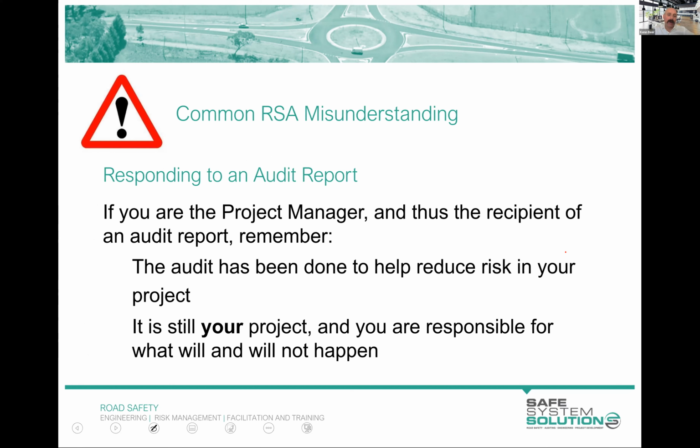Okay, admittedly, you are going to be receiving advice from somebody with specific training and qualifications and experience in looking at safety issues. So if you're not going to act on things, you want to really be confident in your justification of reasons not to act, but that is fine. You can disagree with audit findings. You can say, thank you for that, I agree with your finding, I disagree with the way that you're proposing to reduce risk, and in fact, we're going to do this instead to reduce risk.